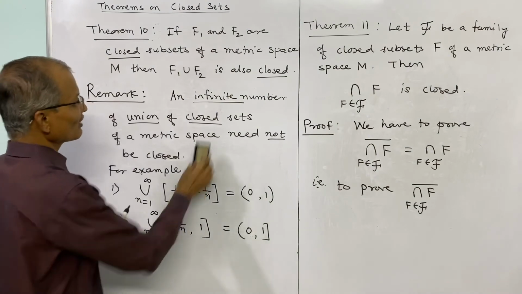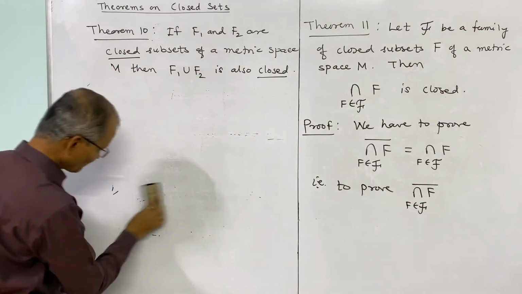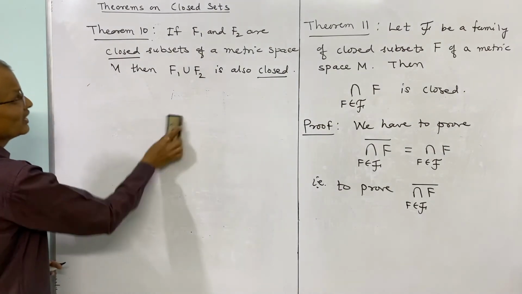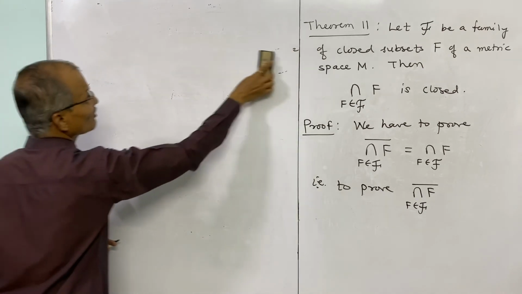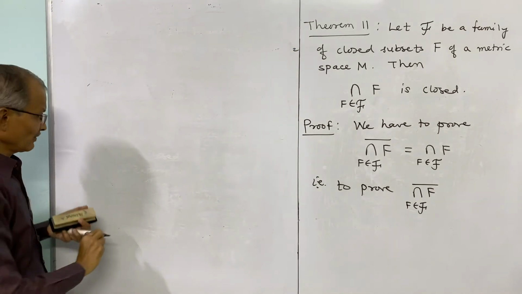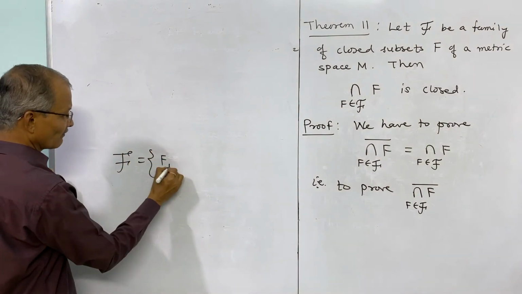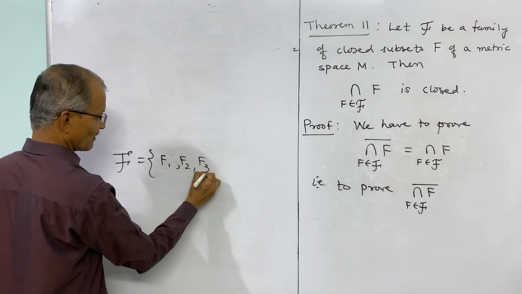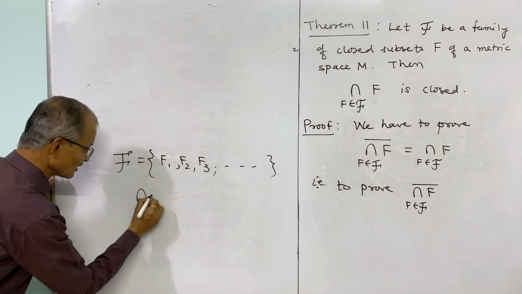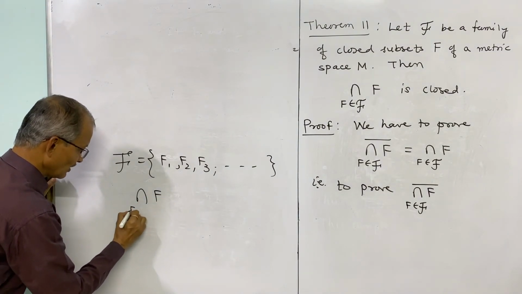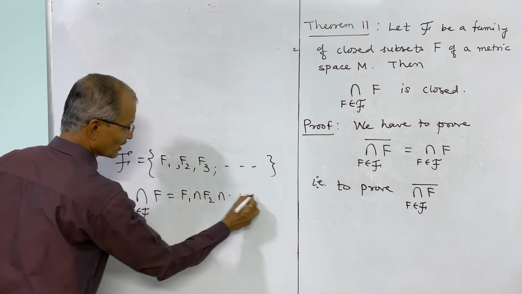We also considered this kind of example for union of open sets. The meaning is, if the family contains F1, F2, F3, and so on, an infinite number of sets, then we have to take the intersection F1 intersection F2 intersection, and so on.